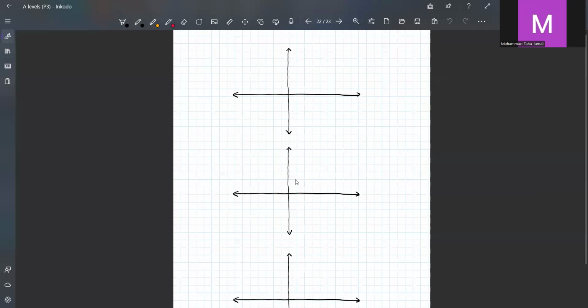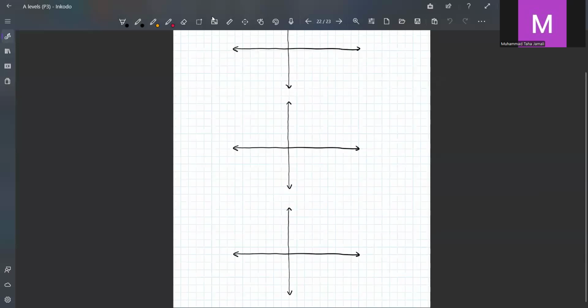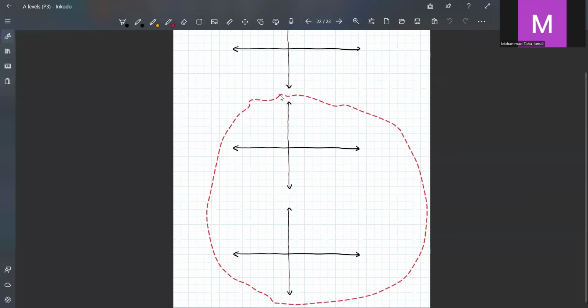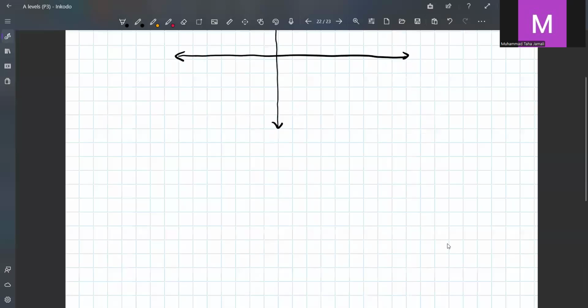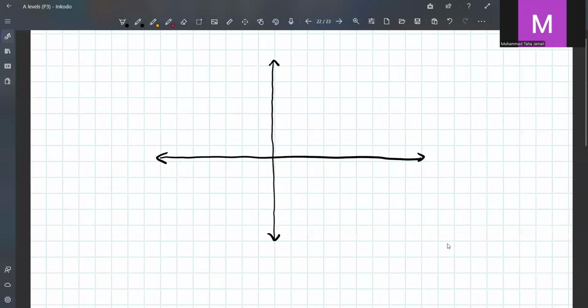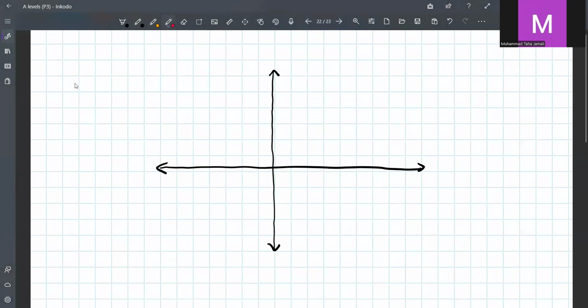So let me just remove this first. The graph of cos x. A cos x graph, as we know, looks like this.